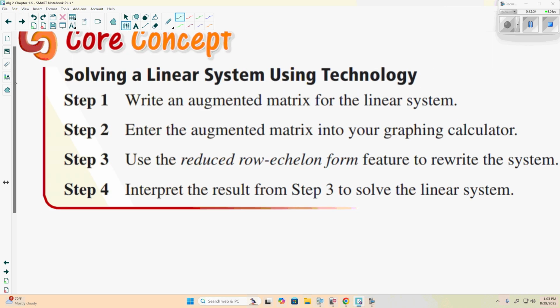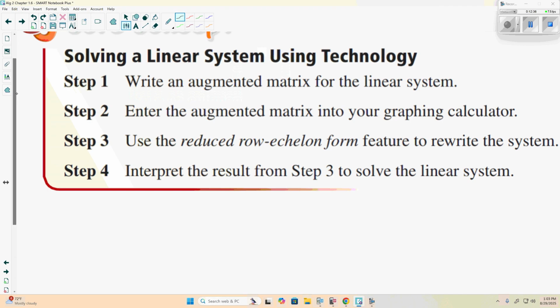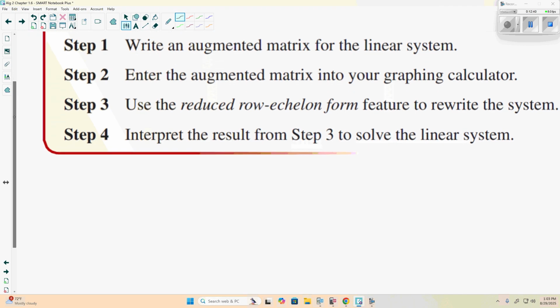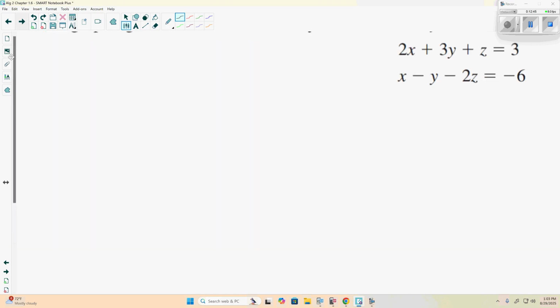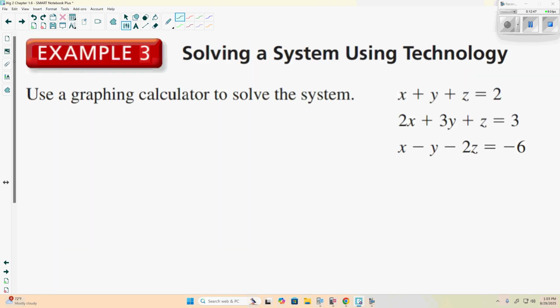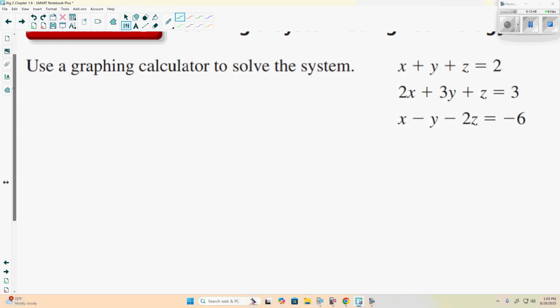Now there's 4 main steps. 1, write the augmented matrix. 2, enter it into your calculator. And 3, do the reduced row echelon form. So we have this here. I kind of put it all there, the steps and everything right there all at once. So, flip back. Other direction. Yep.